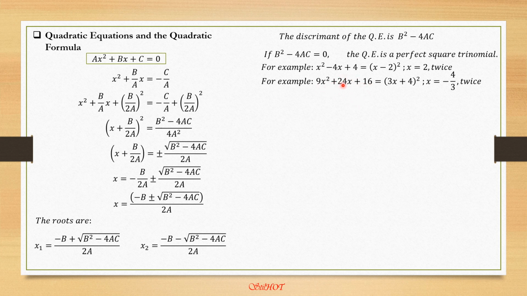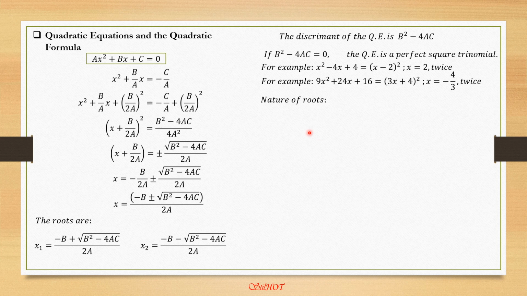Therefore, writing this in factored form: square root of 9x squared is 3x, square root of 16 is 4. Since the sign at the middle is positive, the sign separating these two terms is also positive. So the root, equating this to 0, is negative 4/3, so twice. So one root is negative 4/3, the other root is also negative 4/3. That's the meaning of that.